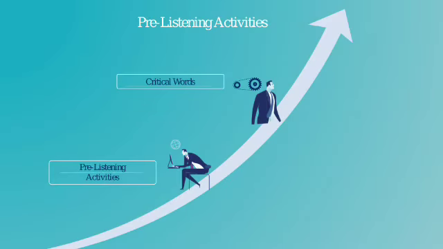We'll continue with the pre-listening activities that I already shared in the PowerPoint, so you can check the PowerPoint. In pre-listening activities, I mentioned the critical words and the pre-listening activities itself. Maybe I will just read it for you, and then I will explain briefly so you can take the point easily. For the critical words: pre-teaching of vocabulary has now largely been discontinued.